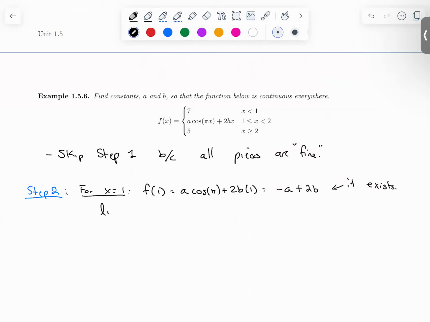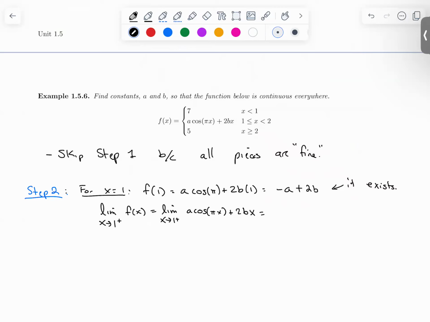So the limit as x approaches 1 from the right of f of x would equal the limit as x approaches 1 from the right of the middle function, a cosine of pi x plus 2bx. I know that looks scary, but a and b are constants. They do not depend upon x.